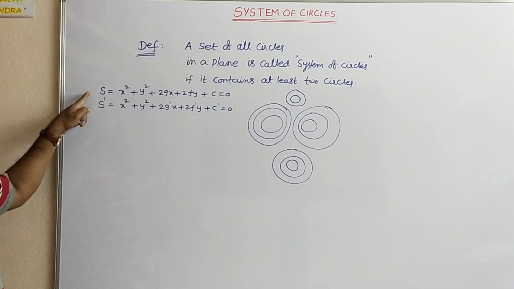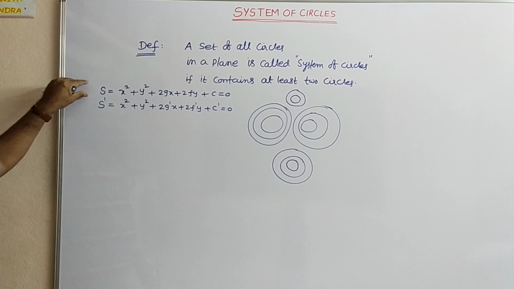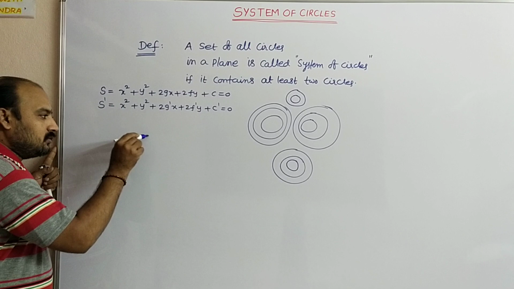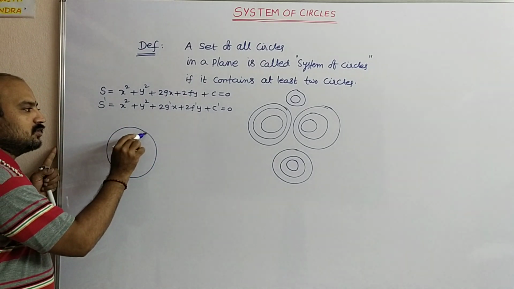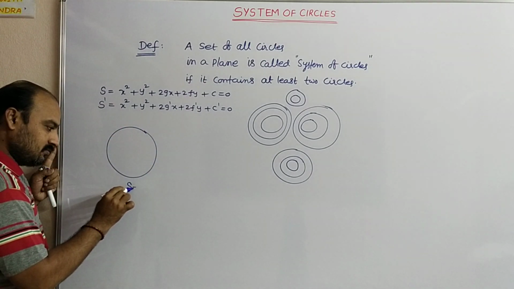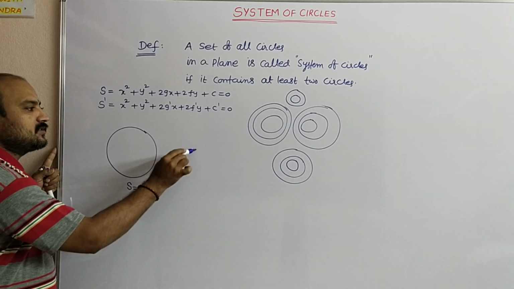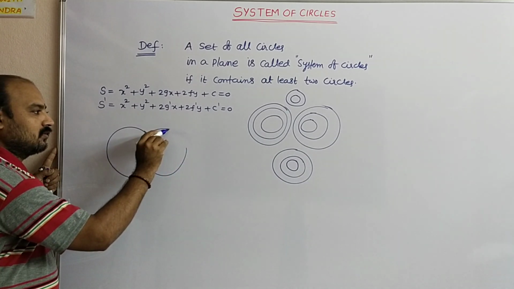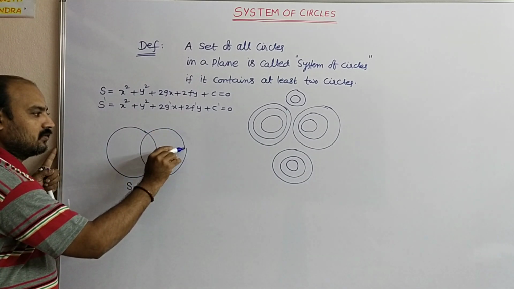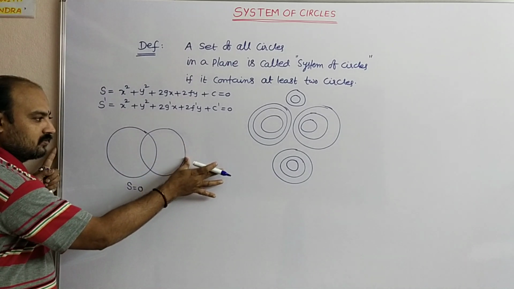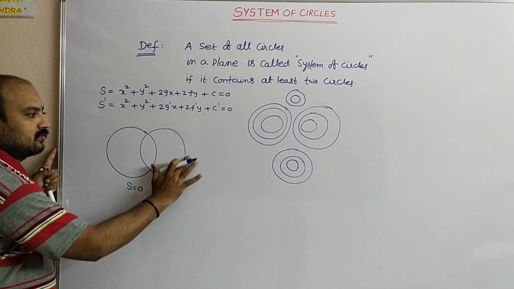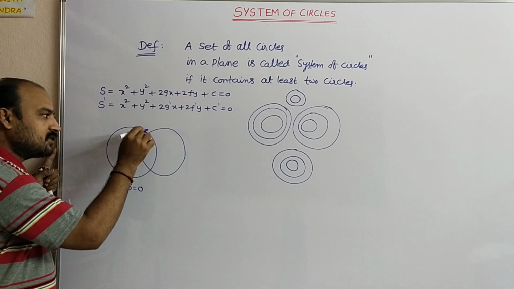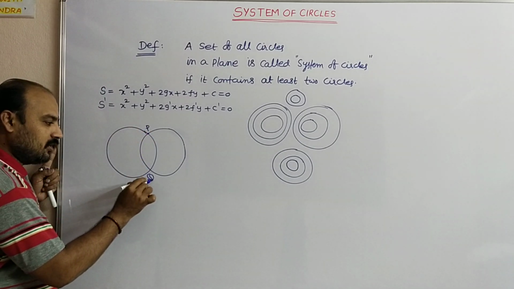These are the two circles, S equal to 0 and S dash equal to 0, which intersect at the points P and Q respectively.